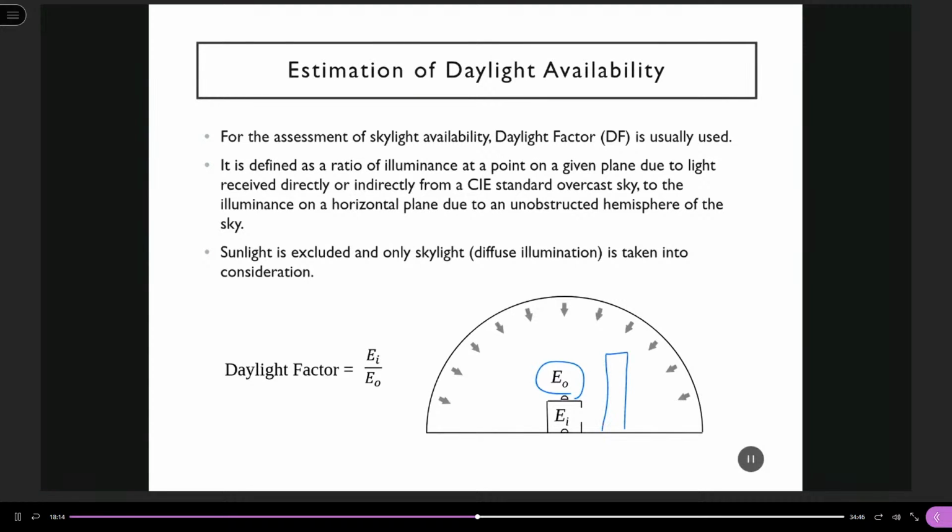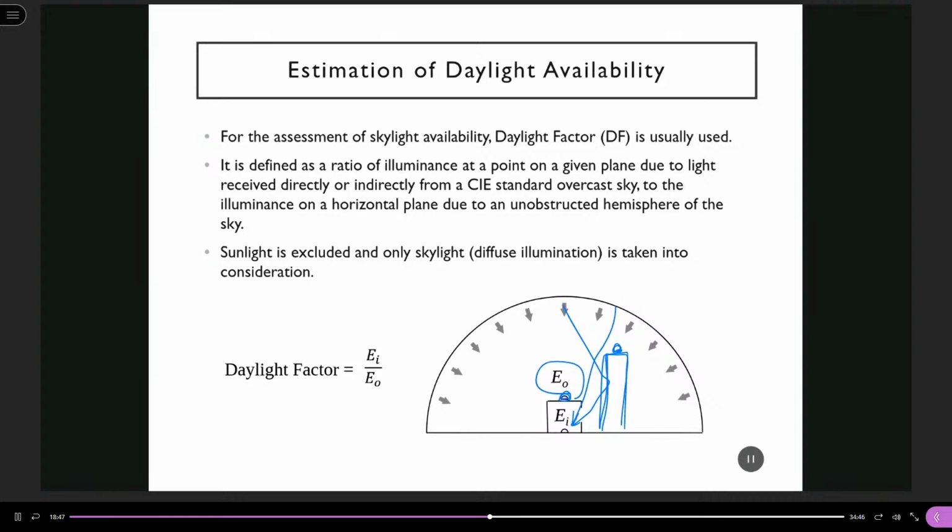So if I have a building opposite to this room, then we have the direct skylight and also the reflected skylight entering the interior. And for EO, the measurement we should take is on the top of this building, because if we measure the lighting level at this point, then the opposite building will block part of the sky, right?